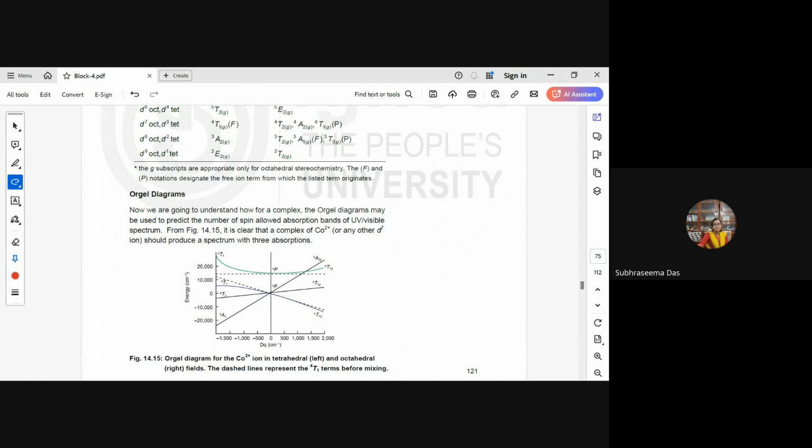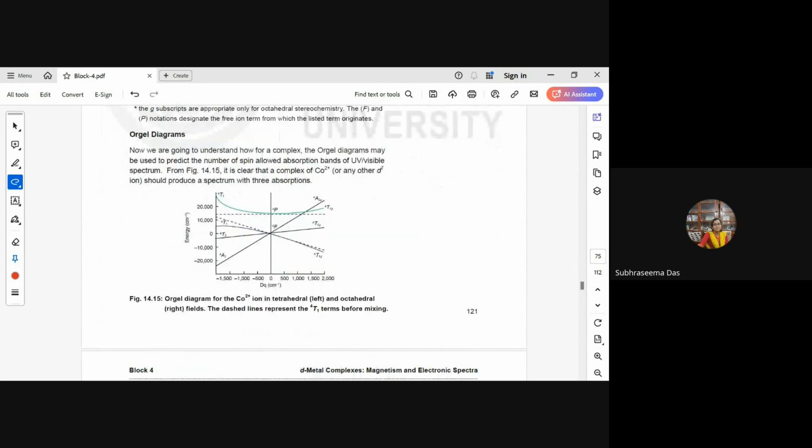Then coming to the Orgel diagram, these are some of the most important diagrams used for understanding a complex. The Orgel diagrams predict the number of spin allowed absorption bands in UV visible spectroscopy. When we look into figure 14.15, this is the Orgel diagram for Co2+ in a tetrahedral field, and here it is in an octahedral field.